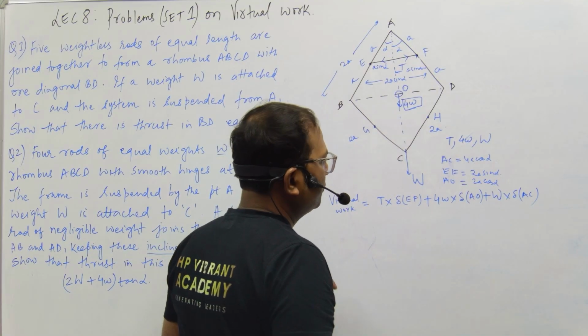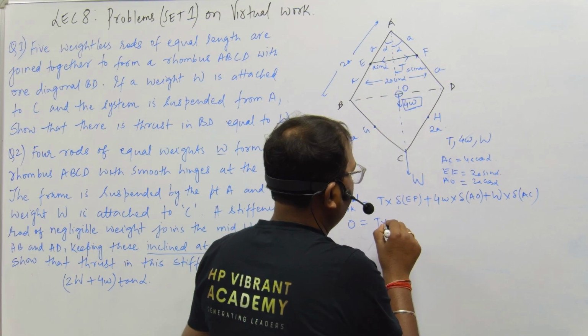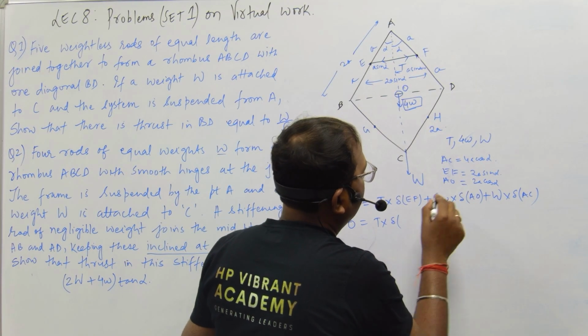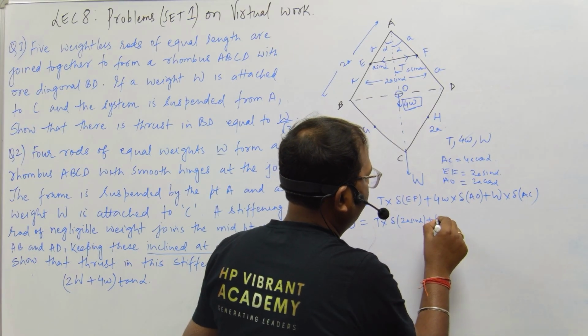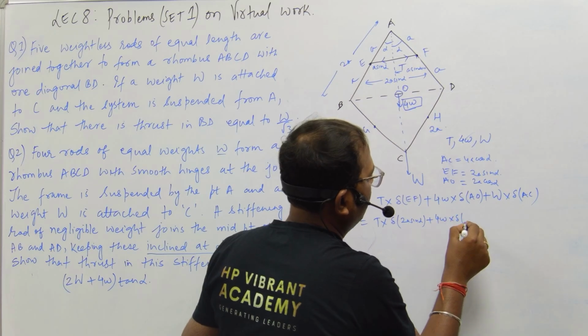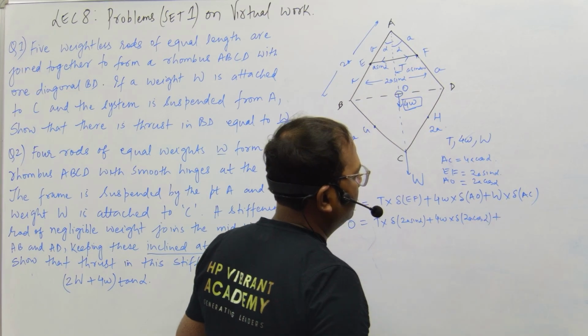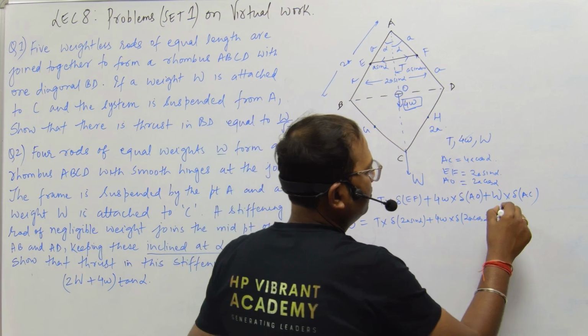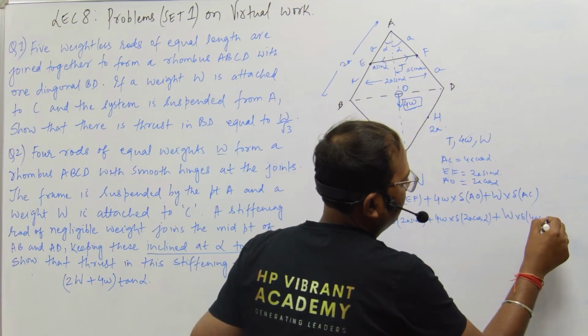Let us place the values here. So we have 0 equal to T times the change in EF, which is the change in 2a sin alpha, plus 4w into the change in AO, which is 2a cos alpha, plus capital W into the change in AC, which is 4a cos alpha.